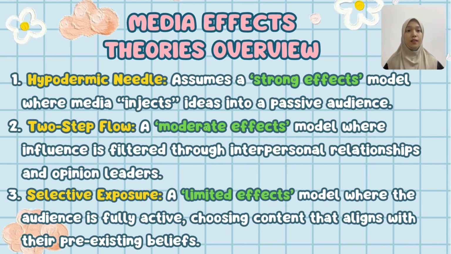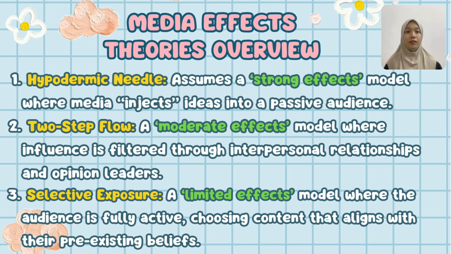To understand these theories, we must look at the continuum of media influence. We start with the hypodermic media theory, a strong effects model which suggests media has a direct, immediate, and powerful impact on people. As society evolved, scholars introduced the two-step flow theory, a moderate effects model. This theory argues that media doesn't hit everyone directly.